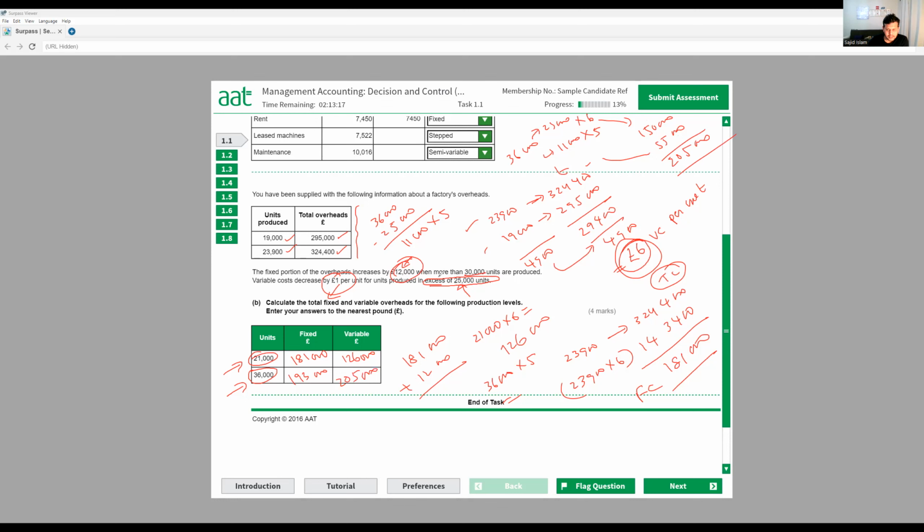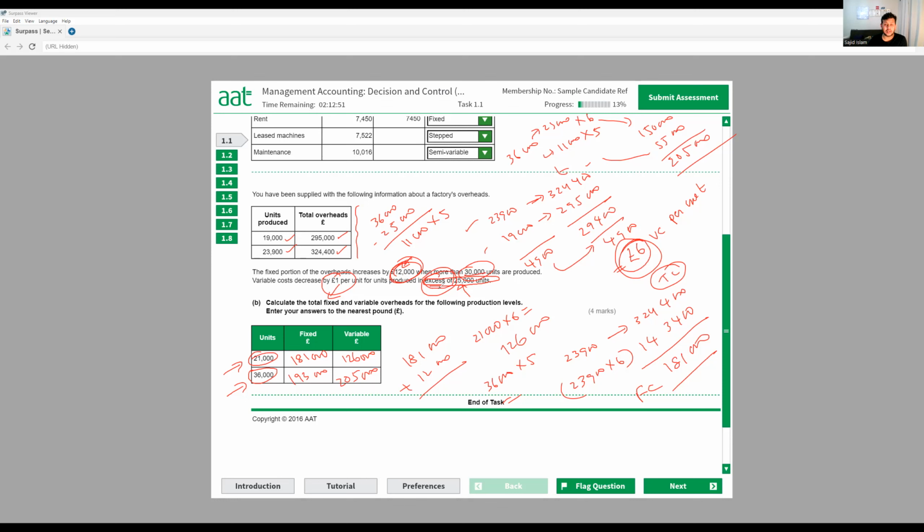So the words it says, excess of, mean that if I make more than 30,000 units, the fixed cost will be increased by 12. And if I make more than 25,000, so excess of 25,000, the variable cost will be reduced by 1.